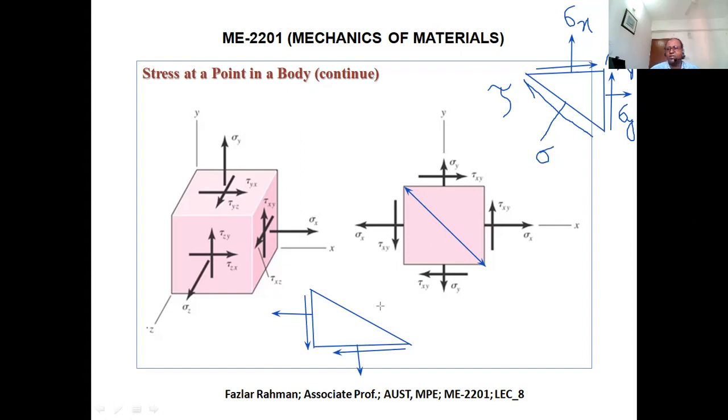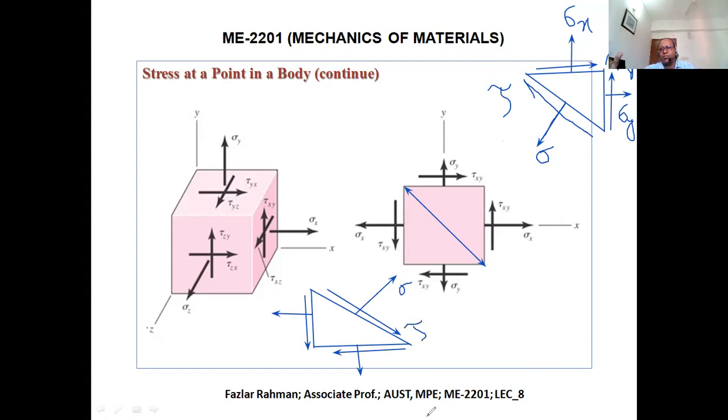So obviously there has to be some force. So this tau over here is working upward, this tau will be downward, and this one working along this direction. So I say this is sigma, this is tau.